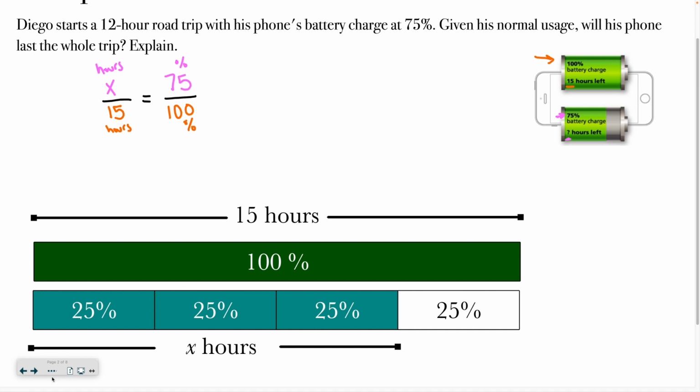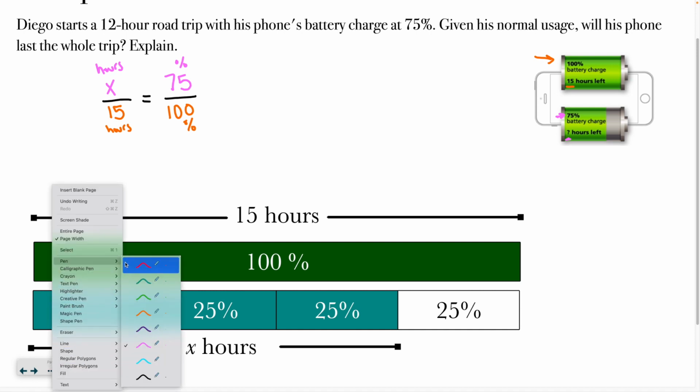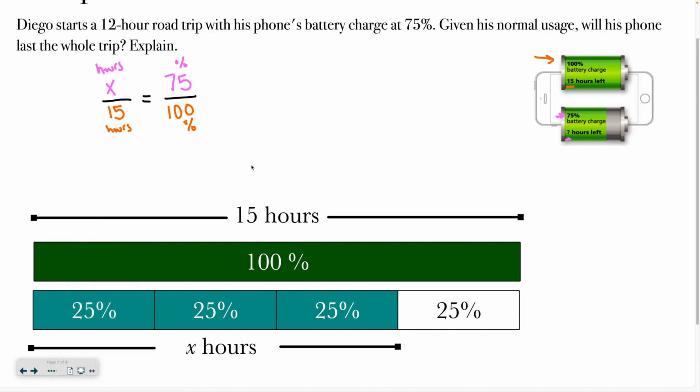Now, what we are going to do, the same thing that we did in the last chapter, I had taught you guys something called cross multiply and divide. So if you remember, that means that you're going to multiply on your diagonals.